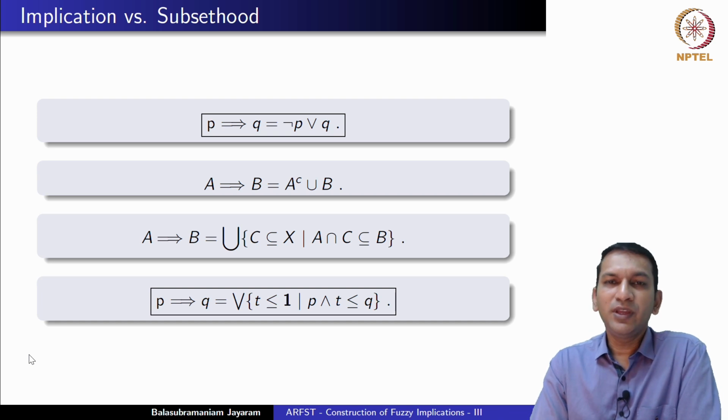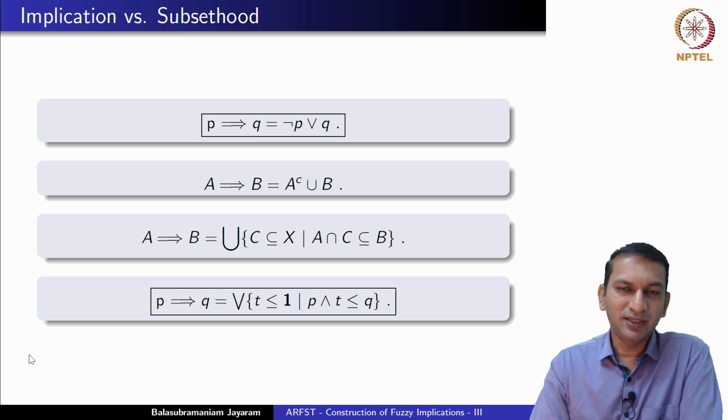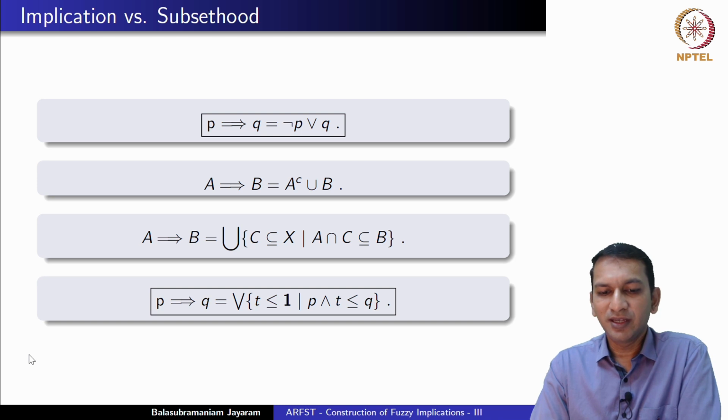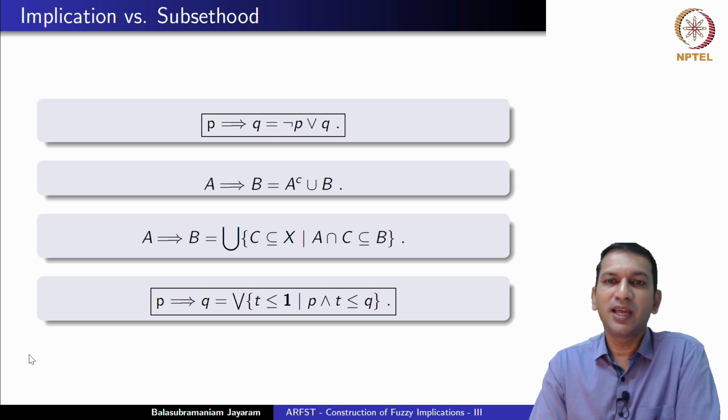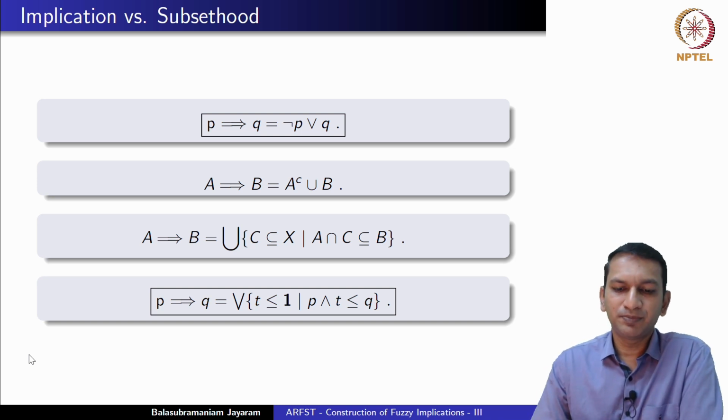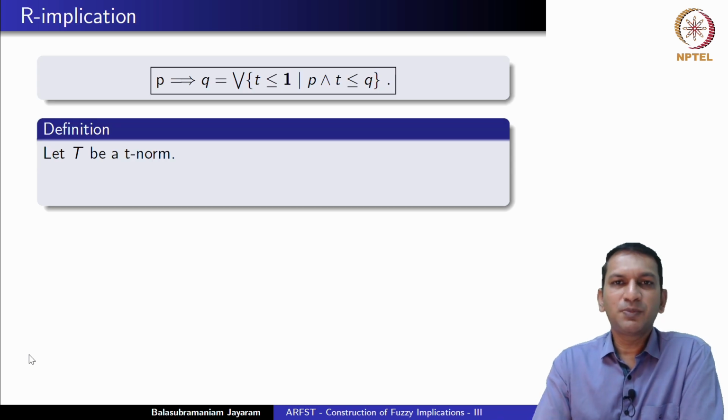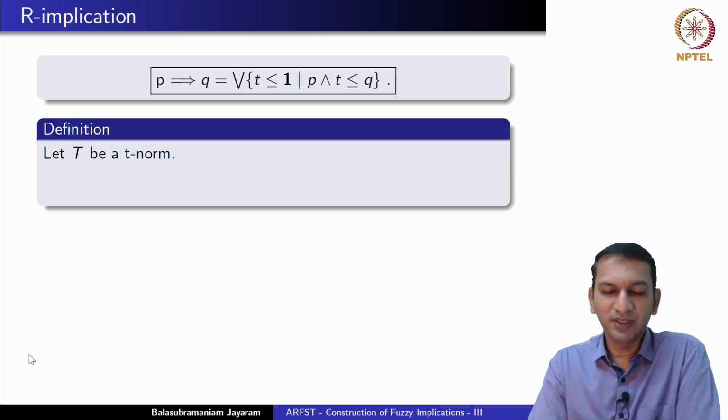Now, moving back to the language of lattices, we see that P implies Q can be written in this equivalent form. We took our inspiration for the family of R implications from here, and as we saw, it is the meet that is playing an important role here, the conjunction, which at first cut has been generalized to that of a T-norm.